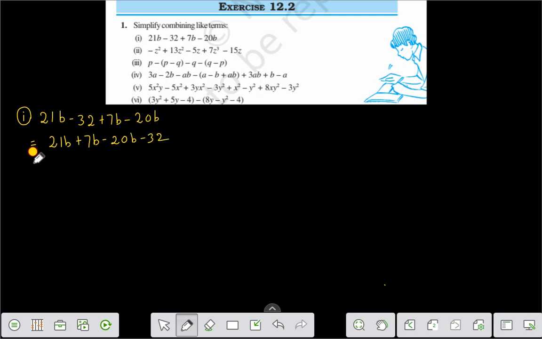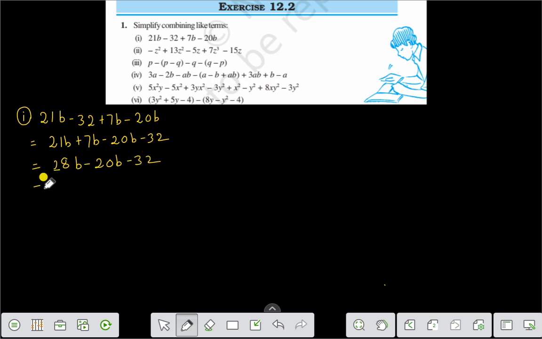That will be written as 21 plus 7 is 28, that is 28b, minus 20b, minus 32.